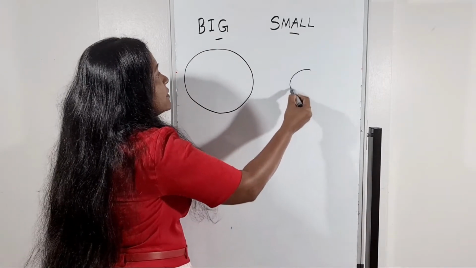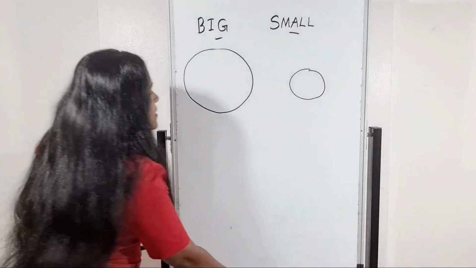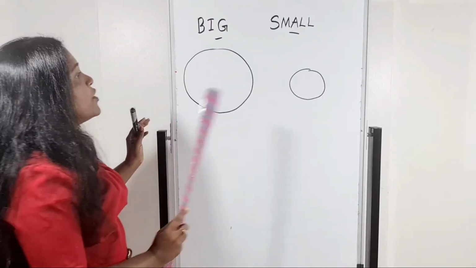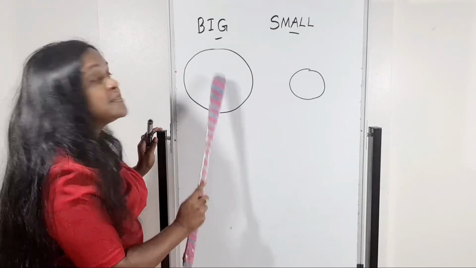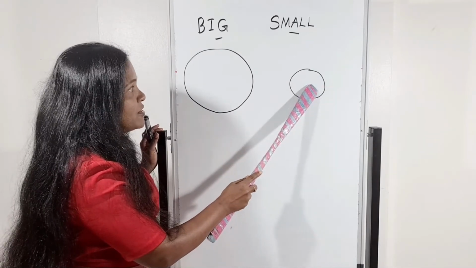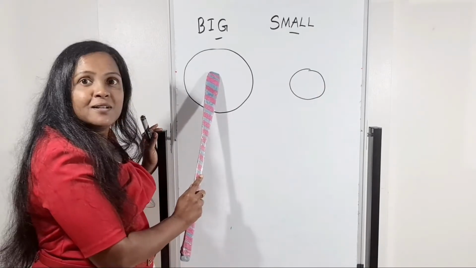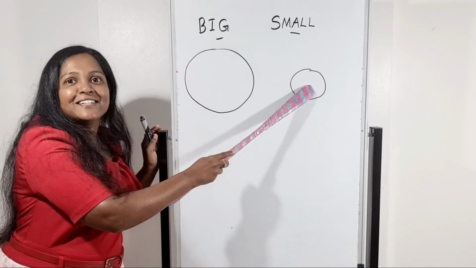Another circle here. Which one is the big circle? This one is big. This one is small. Big circle and small circle.